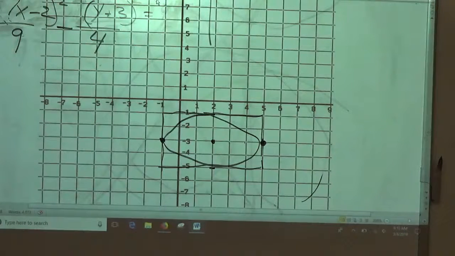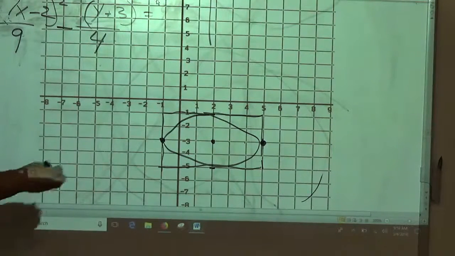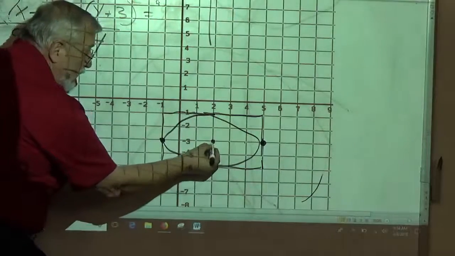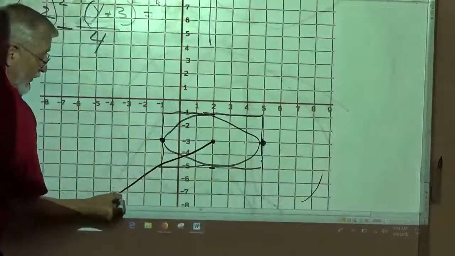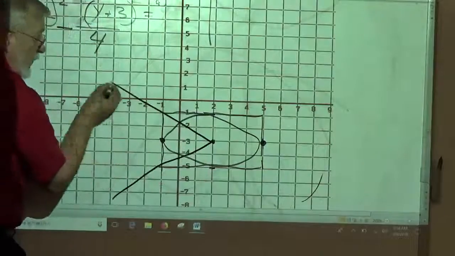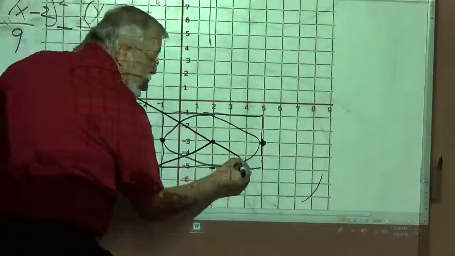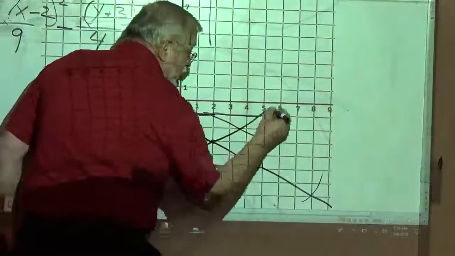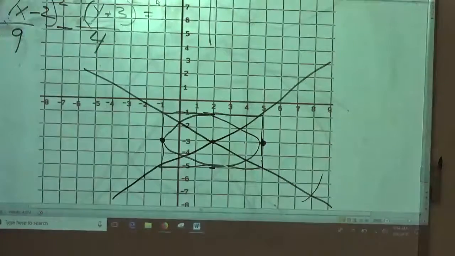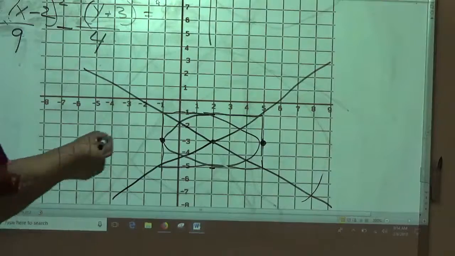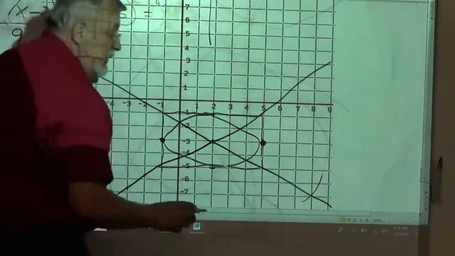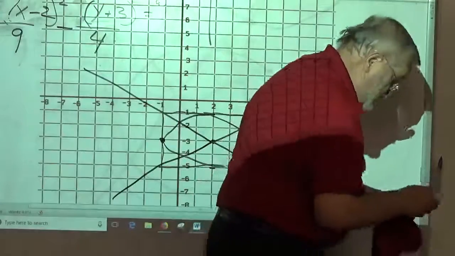You need the diagonals. So come through here and draw the diagonal. Now, because this is the positive, it's the leading, then I'm going to change colors.